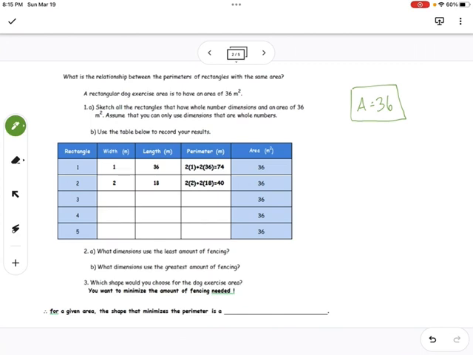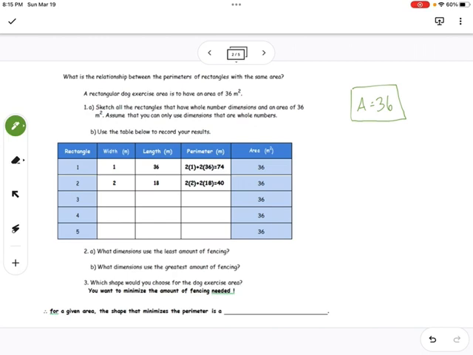So the first two examples, we have 1 times 36 gives us 36. The next example, we have 2 times 18. We're going to continue on, finding different amounts that multiply to give us 36. And then after that, we need to find the perimeter for those options.